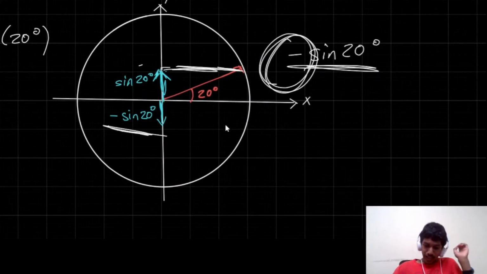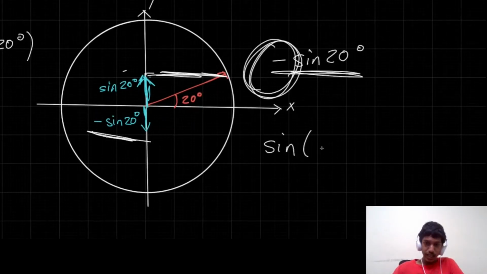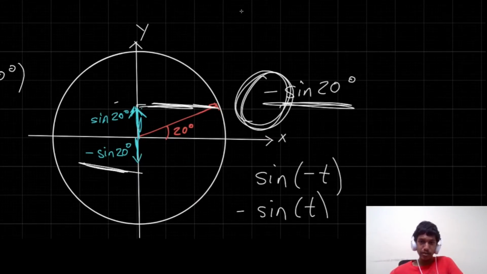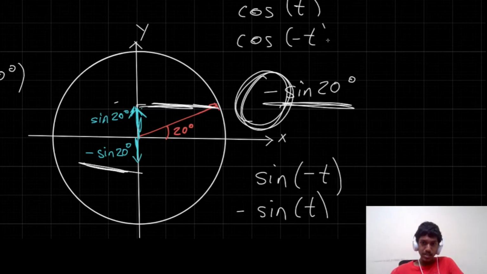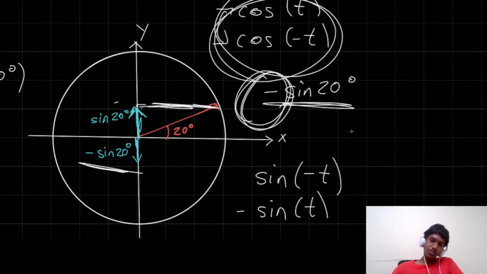So all of that was just for sine minus t and minus sine t. Basically there's a counterpart for cosine t and cosine minus t, and I want you guys as an exercise maybe to figure out what the relationship is between the two cosines.